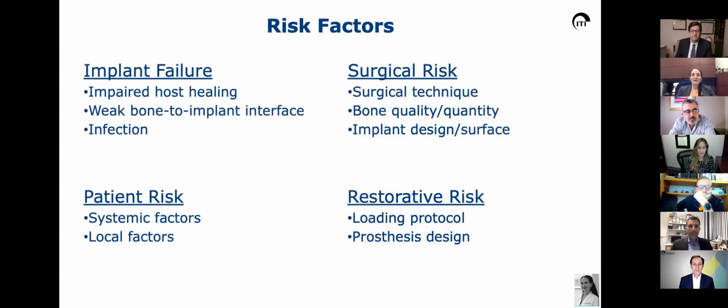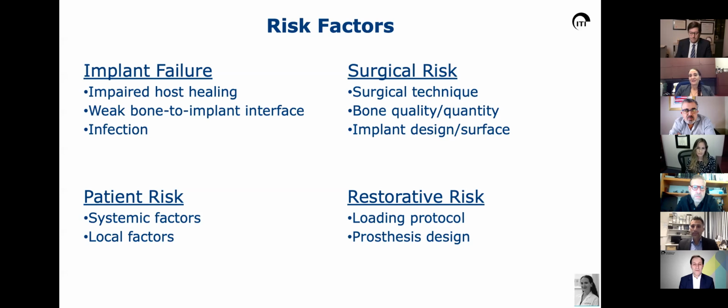Not only that, but then we have to look at the risk factors. Even though we have all of these negative consequences from being edentulous, can we provide implants in a safe and effective manner? Are we going to be able to achieve implant stability and not have failure of our implants? Do our patients have systemic risk factors that are going to preclude us from being able to give them implant restorations?